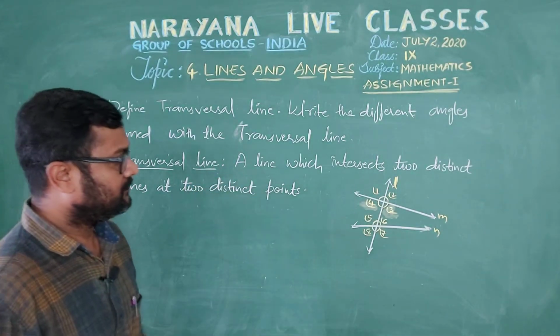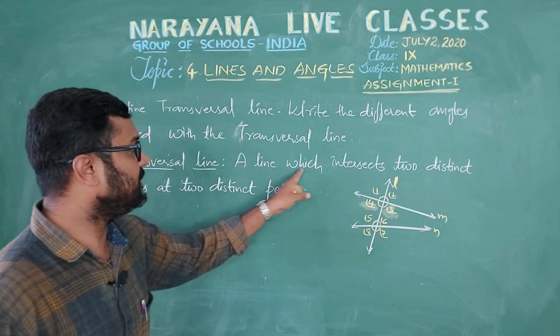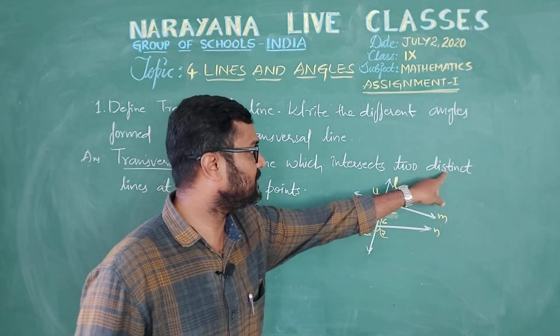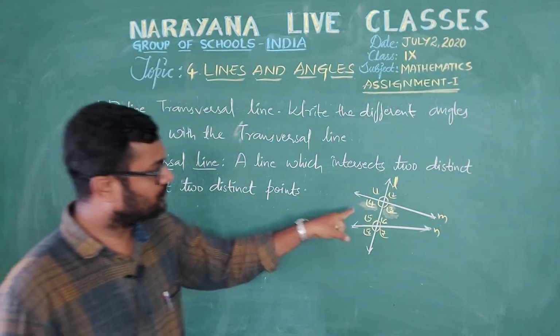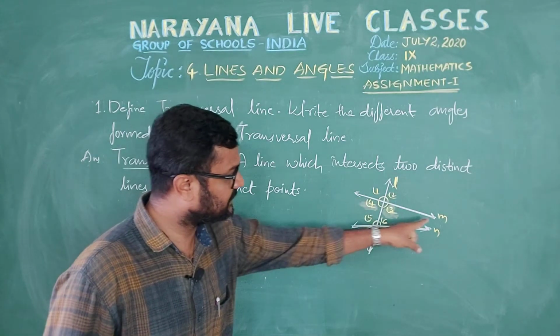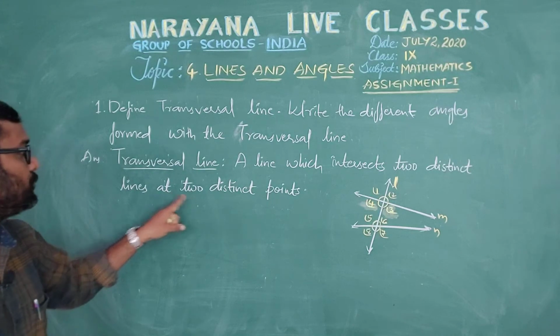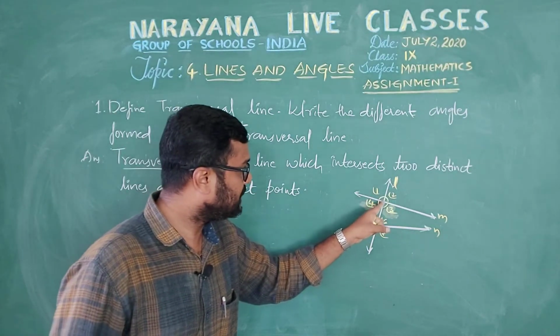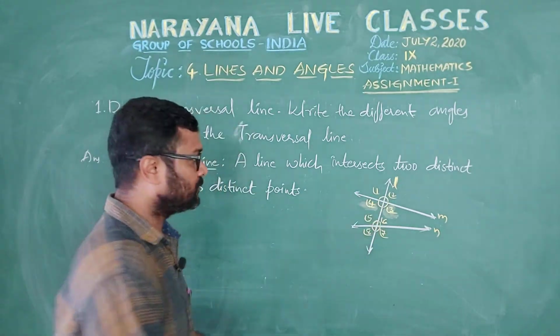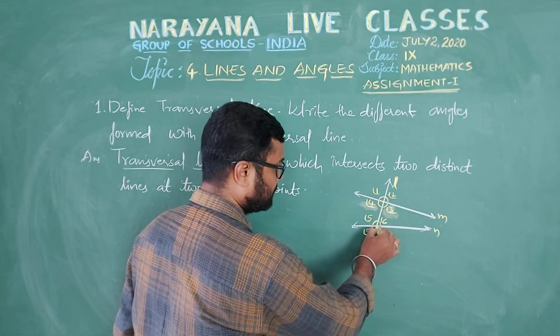A line which intersects two distinct lines at two distinct points, here and here, isn't it?